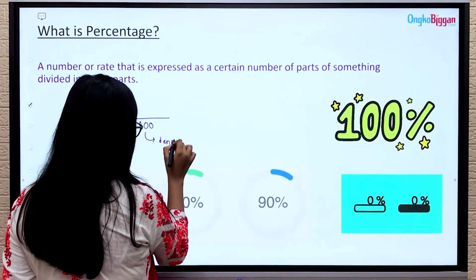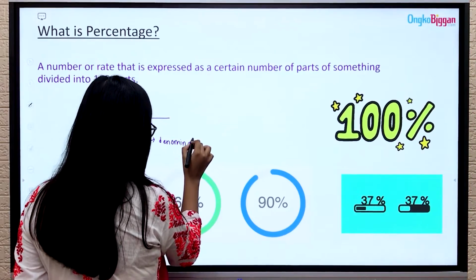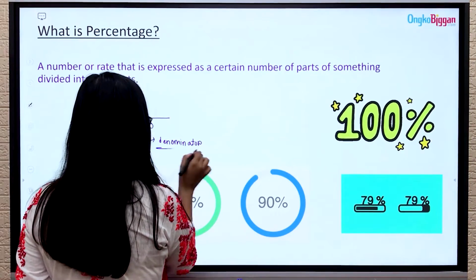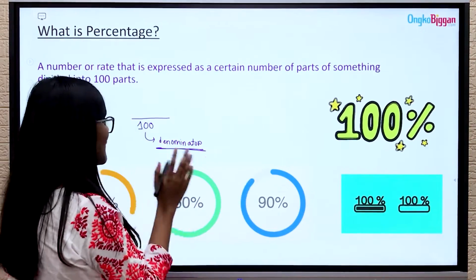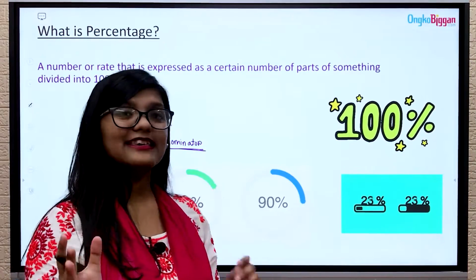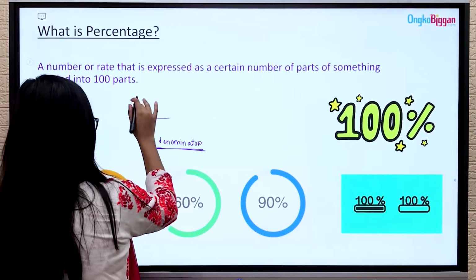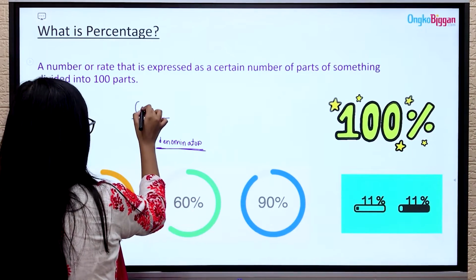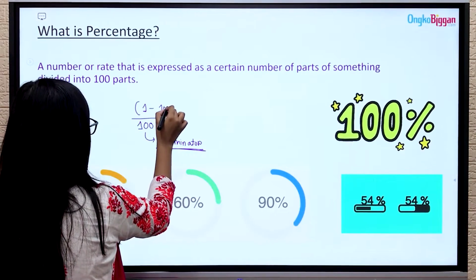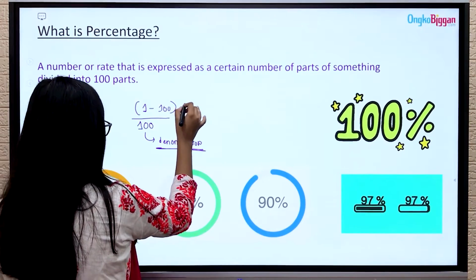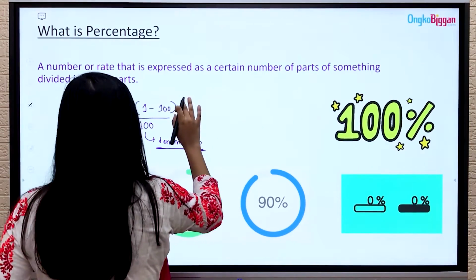So in percentage, our denominator is 100, fixed 100. That means the total part of something is to be 100. And in the numerator that can be any value from 1 to 100. Also it can be more than 100 actually.